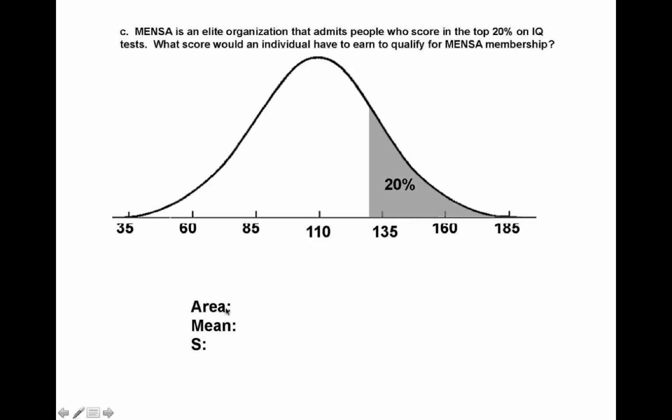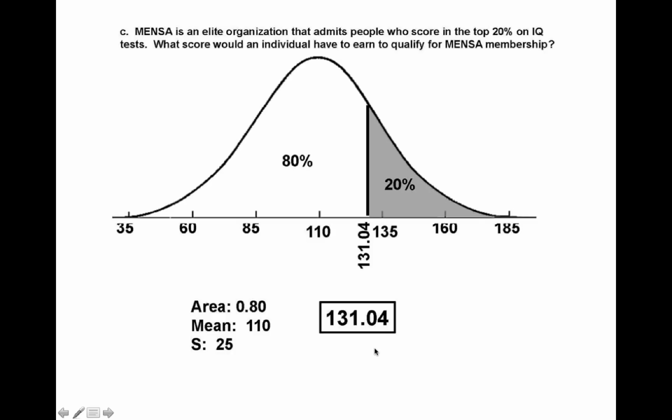So you're going to do the area, mean, and standard deviation. The area you type in has to be the percent below the number you're trying to find. And since this has to add to 100%, our area is going to be 0.8. Our mean is 110. Our standard deviation is 25. You type that in, you should get a score of 131.04. And then mark it in the picture.